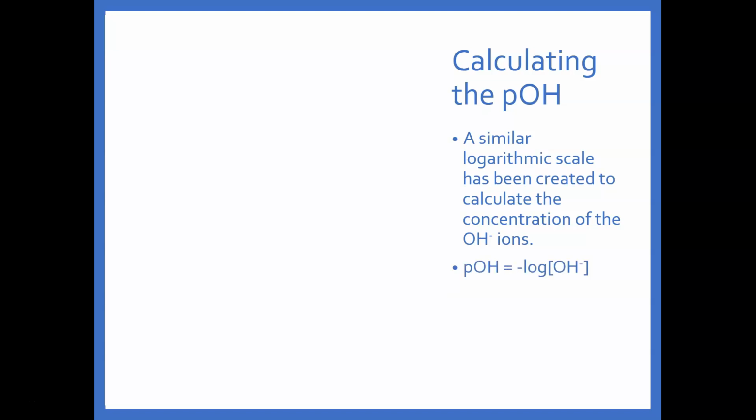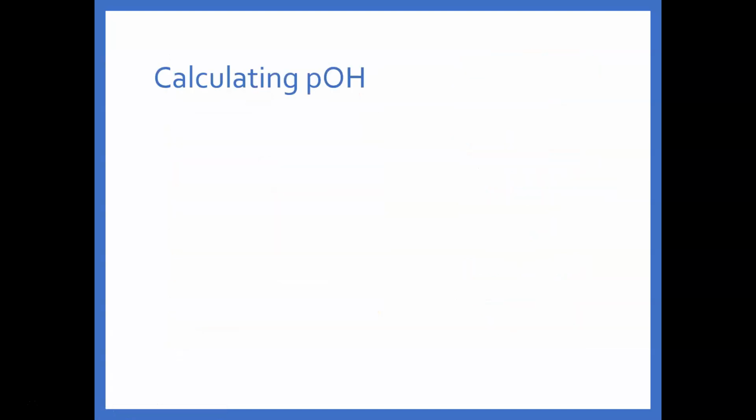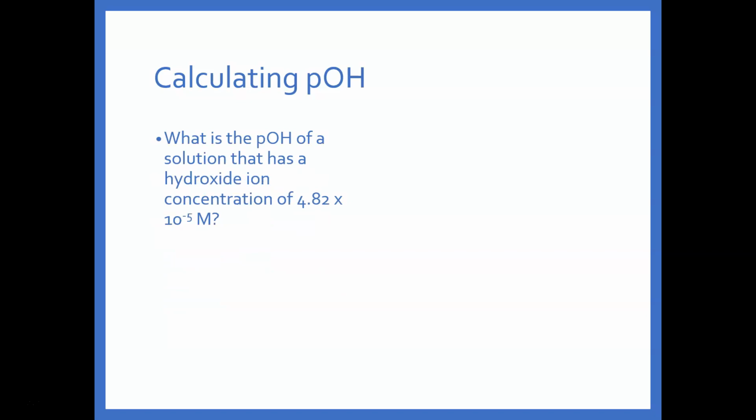Luckily for you, they are the same formulas, where pOH equals the negative log of the hydroxide ion concentration, and the hydroxide ion concentration is equal to 10 to the negative pOH. Once again, that same scale for you, where this time you may notice that we have that hydroxide ion concentration working the same way. So let's practice calculating those.